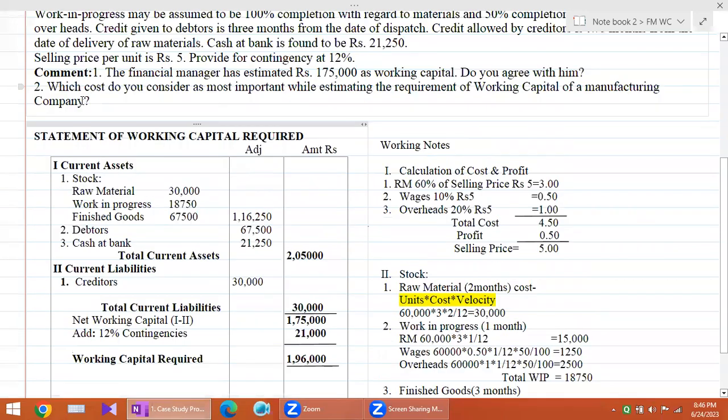Second question is, which cost do you consider as the most important while estimating the requirement of working capital of a manufacturing company? What is important here is that material cost is very important.